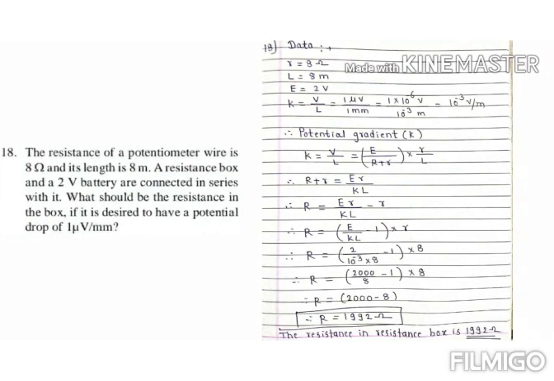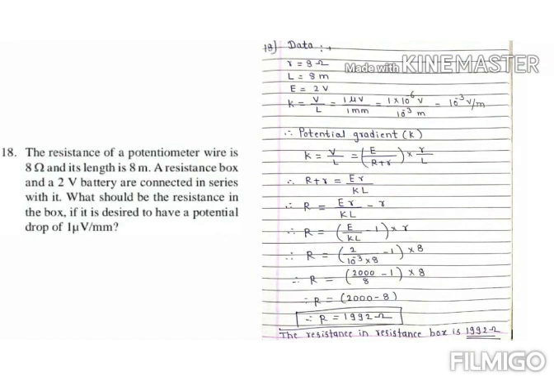Rearranging the equation, R is equal to ER upon KL minus r. Therefore, R is equal to inside the bracket E upon KL minus 1 bracket close into small r.